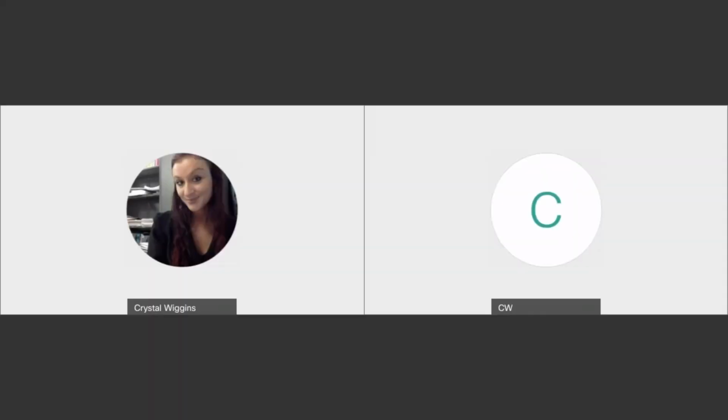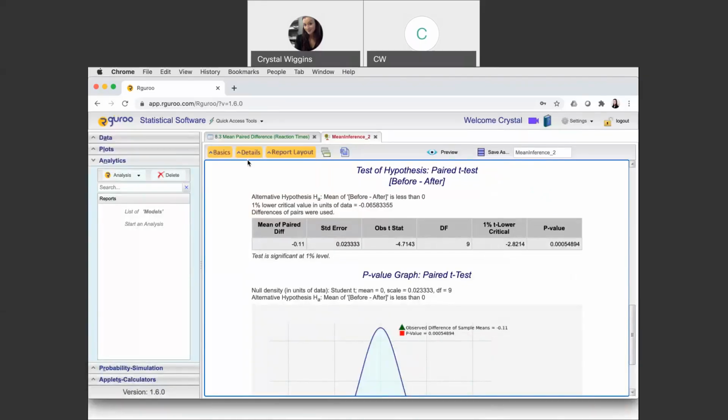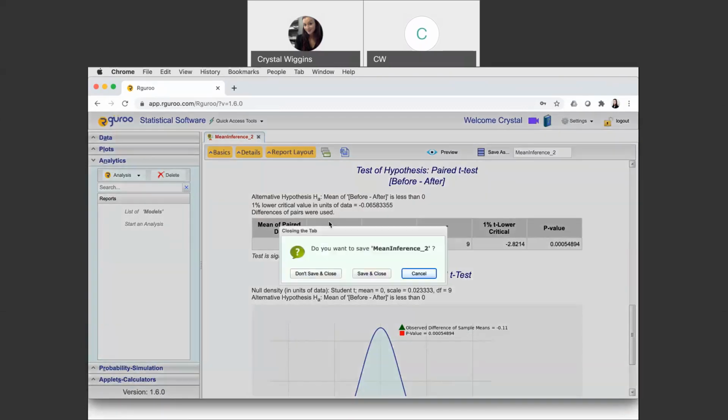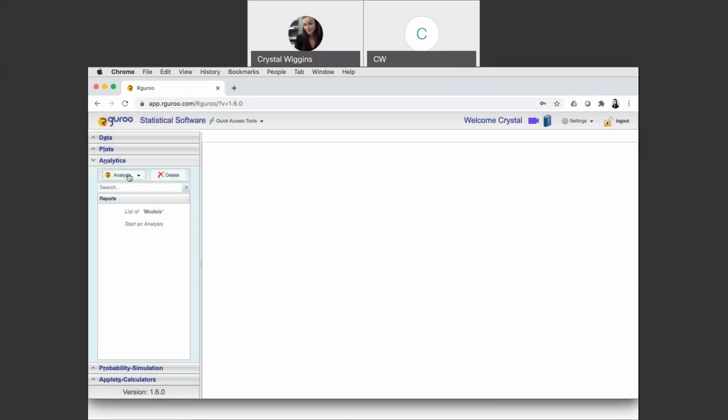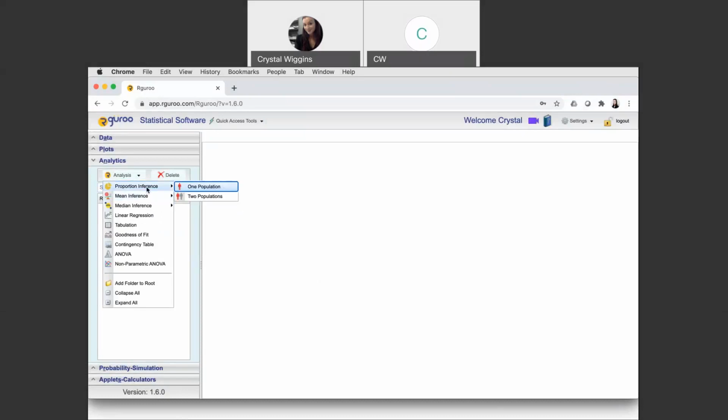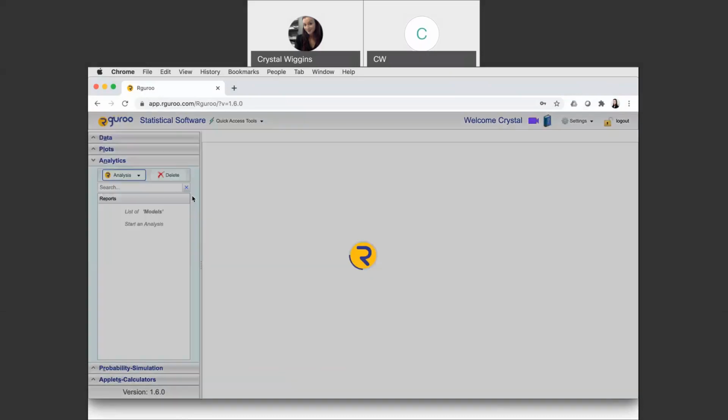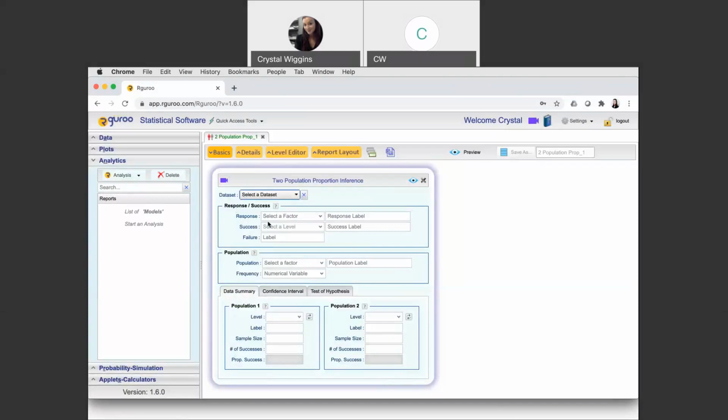Let's head over to Rguroo to calculate this example. Let me clear this out because we are not working with this data anymore. Under analytics, I am going to head over to proportion inference of two populations. I don't have a data set for this one, so I'm just going to type in the values.